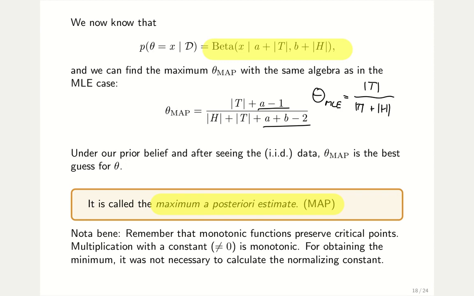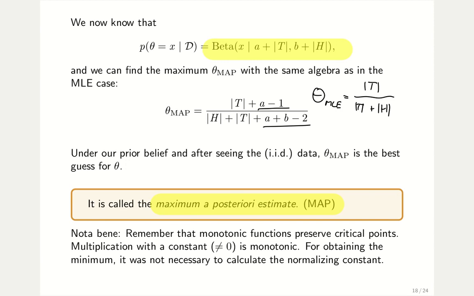Now this maximum a posteriori estimate can be interpreted as the best guess for theta under the IID assumption on the data, the same as in the maximum likelihood setting, and the additional assumption of our prior belief. So given that we believe in what we encoded in the prior, the maximum a posteriori estimate becomes the best guess.